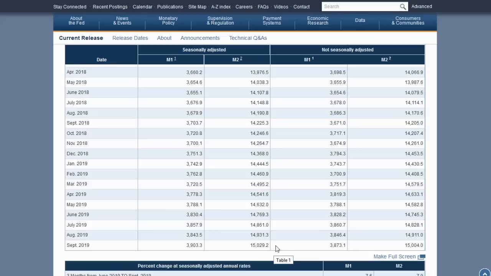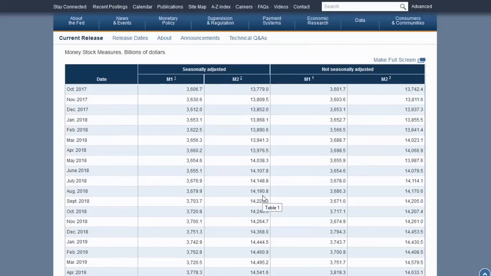If you go back over a year, you can see that M2 money supply, which includes M1, seasonally adjusted or otherwise, there's not a whole lot of difference in these numbers, but the seasonally adjusted tends to have the higher numbers here.